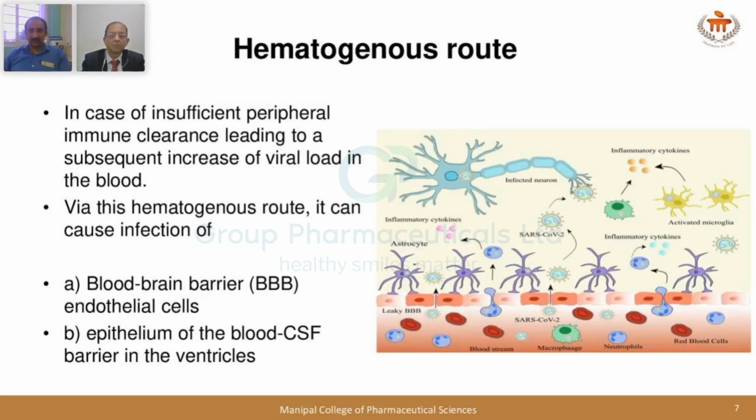Similarly, the SARS-CoV-2 virus also uses the macrophages. It enters into the macrophages, and macrophages serve as a Trojan horse to get the entry of this virus into the CNS by damaging the blood-brain barrier as well as directly affecting the neurons as well as the glial cells. So this is one of the routes, called the hematogenous route.